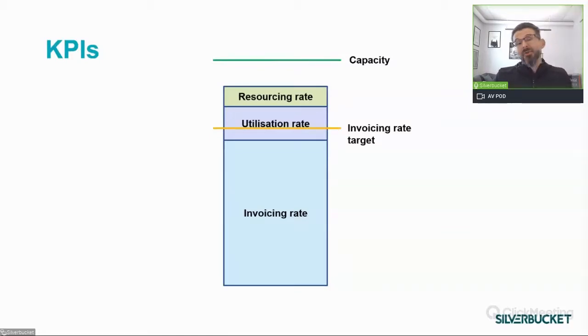But still, usually it's a good idea to leave some time for changes and not to target the resourcing rate to be 100%. And then, on the other hand, of course, low resourcing rate means unoptimal use of resources.